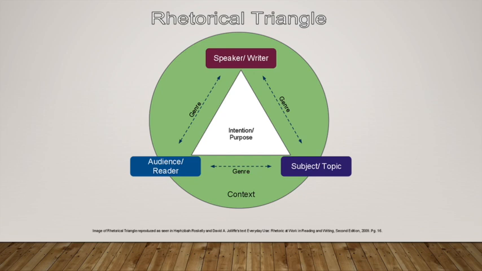With that intention and purpose, genre is something that's considered throughout the writing process: the writer, the subject, and the audience or reader. You're going to see this when we start looking at different ways you can represent some of the work that you've already done throughout our course, moving it, let's say, to a different genre.